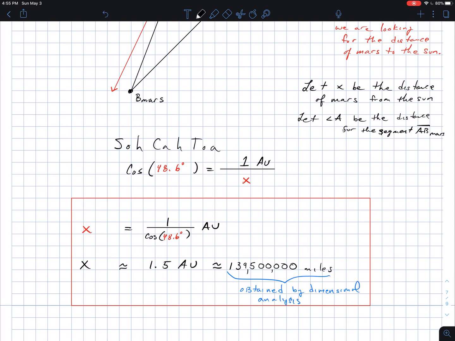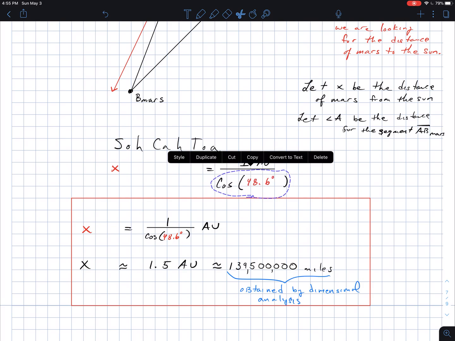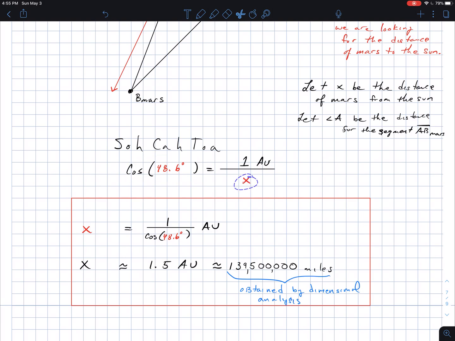Now remember, there is that cheap trick, right? If I take this, I know I'm dividing, and this is a proportion, right? So if I know this, I can multiply both sides by x, and then I can divide both sides by the cosine of 48.6 degrees. By doing this, I now have calculated the distance needed, which was x.